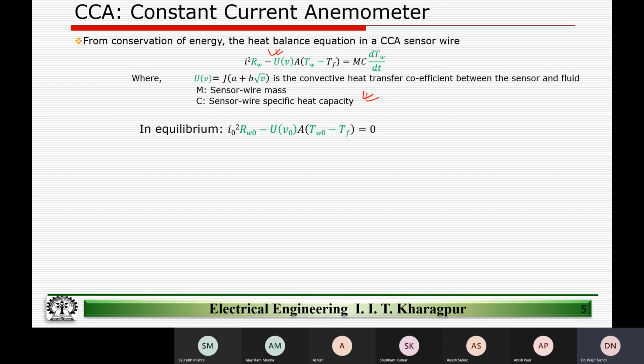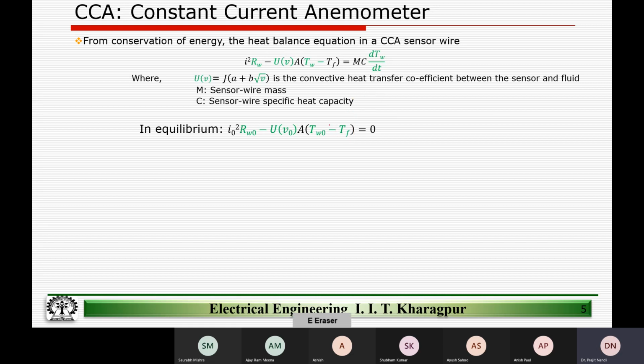Okay. And in equilibrium, which is what we saw in the last slide also, we can equate that, because in equilibrium there is no increase in temperature. We will assume that the velocity is not changing with time. The velocity is constant, and the fluid temperature doesn't change with time either.